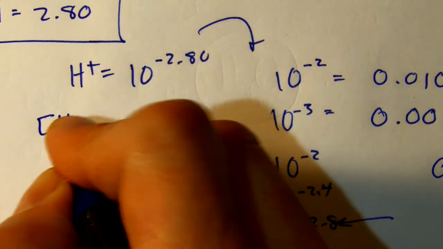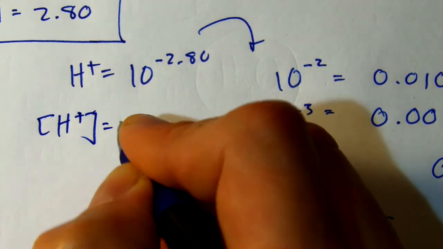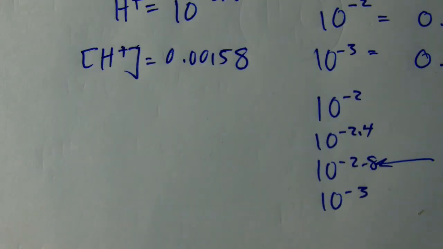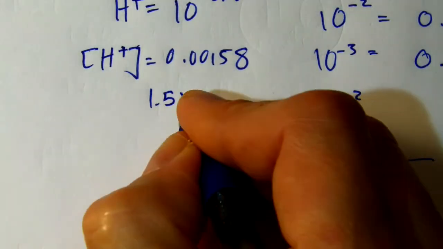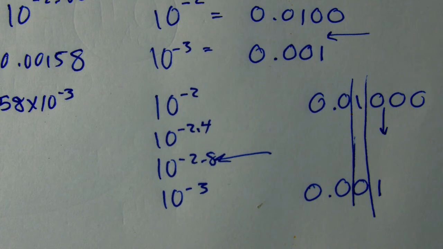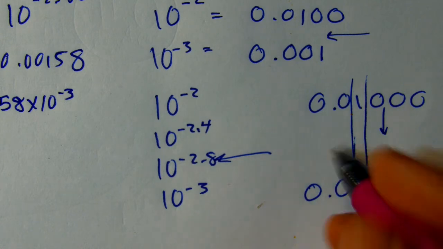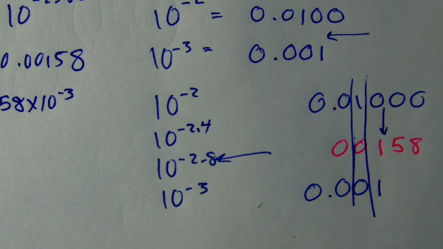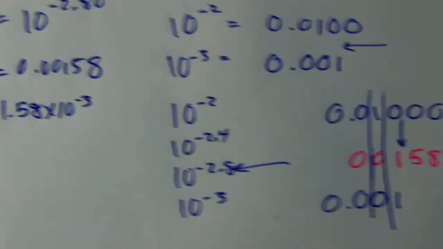So H plus equals 0.00158. Yeah? Or 1.58 times 10 to the negative 3. Right? And so does that fit? You know, 0.00158, 0.00158. Yeah, that gets us there. That's what we're doing. Okay?